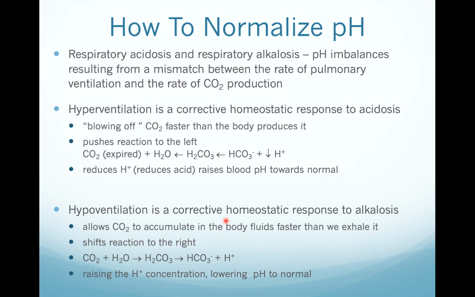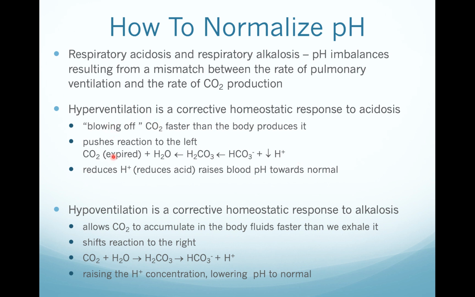So, let's say you have a lot of CO2 buildup in your blood or tissues. High CO2 means you're going to have a low pH. This low pH will send a signal to your brain to start hyperventilating. You're going to start breathing faster to blow off CO2 faster.